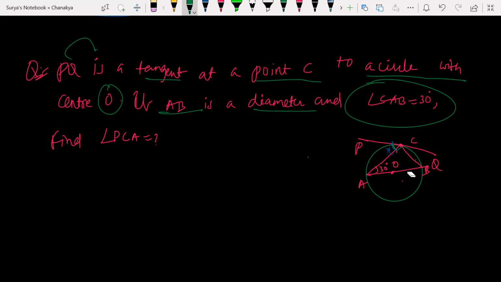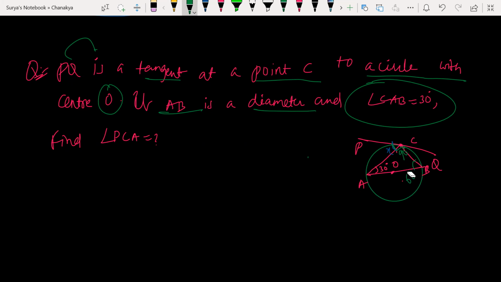This is 90 degrees, not given, but we know that. If it is 90 and 30, that is 120, so how much will B be? 180 minus 120, 60. Yes or no? B is 60 degrees or not?